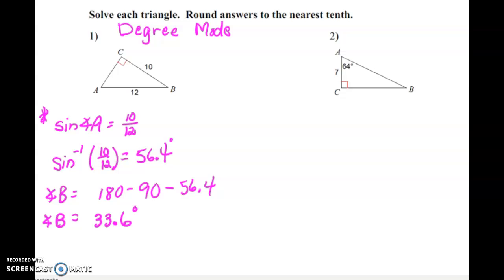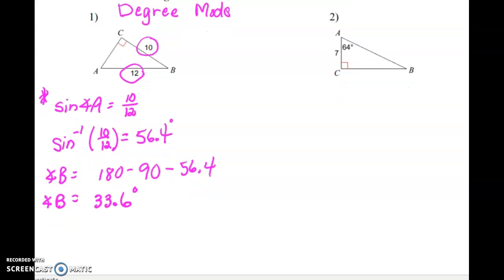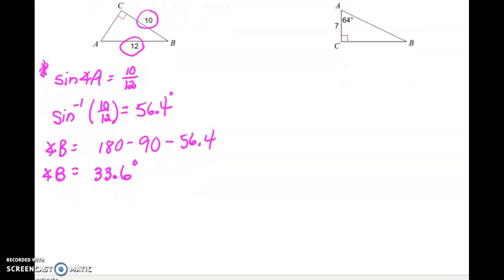In this triangle, since we were given two sides, we can find the missing side, AC, by simply using the Pythagorean theorem. So this is a good review for that as well. We have AC squared plus 10 squared equals, the hypotenuse is always your C, so 12 squared.